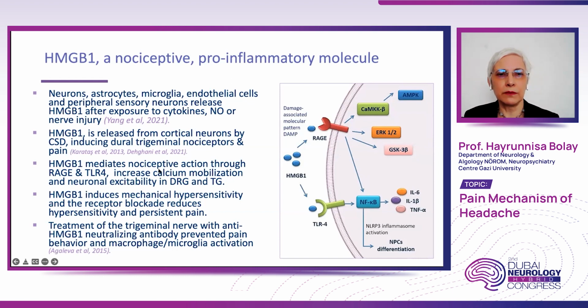HMGB1 mediates nociceptive action in sensory neurons through its two receptors, which also includes NF-kappa B activation and release of cytokines. And we also know in the trigeminal system, its importance was shown in pain behavioral studies and also neutralizing antibody studies.